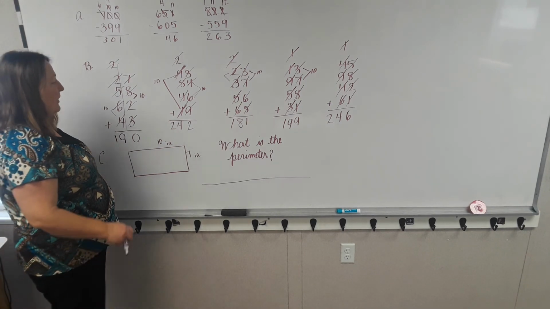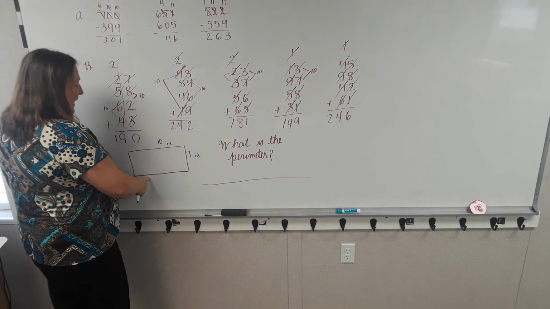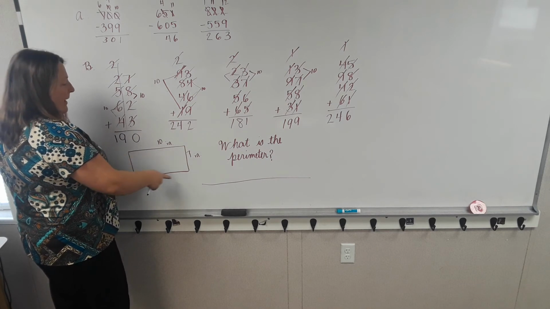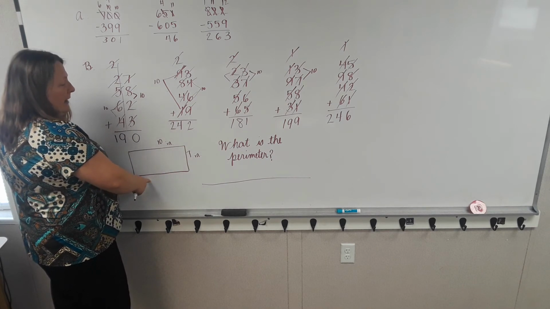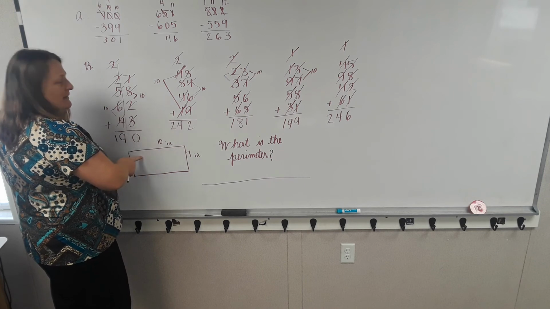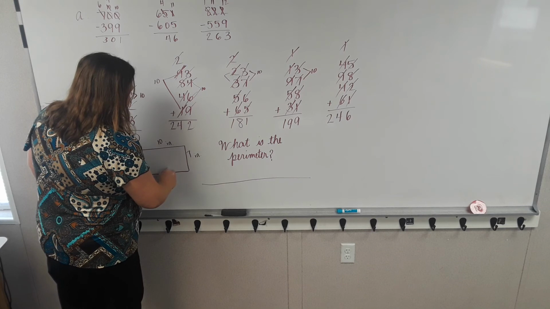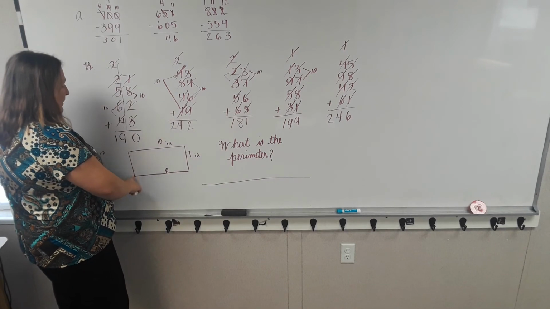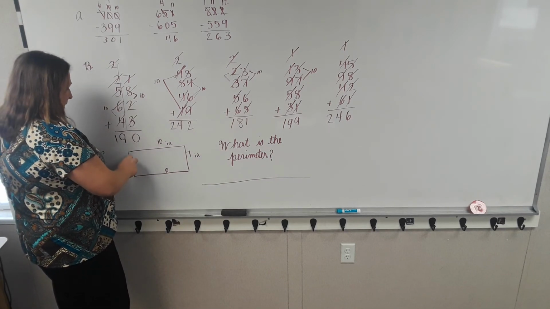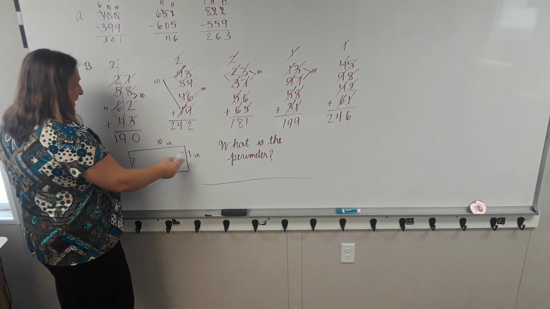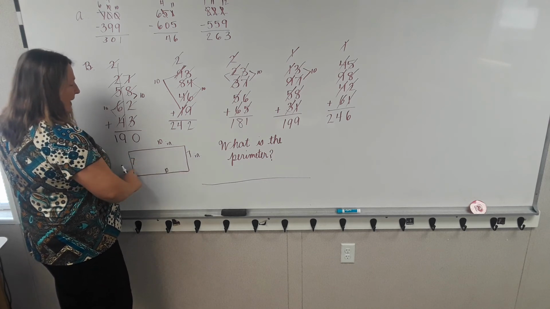No. No, we have to add this side and this side also. How much would this side be? Well, this side would be the same length as this side because it's a rectangle. So this side would be 10 as well. And how much would this side be? 7. Because this side and this side would be the same length.